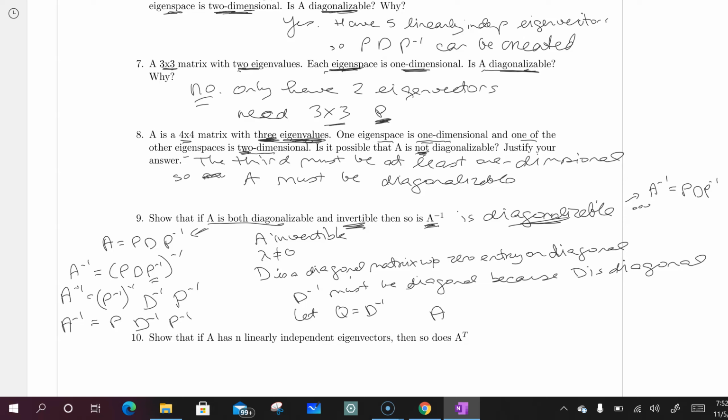So what I have is A inverse equals P Q P inverse. This A inverse is P, I changed D inverse to a Q, and then P inverse. I've just made a different letter, but it's PQP inverse. So that shows it's diagonalizable.